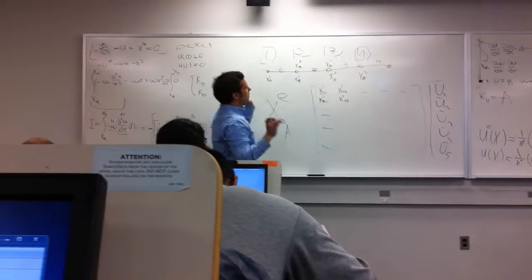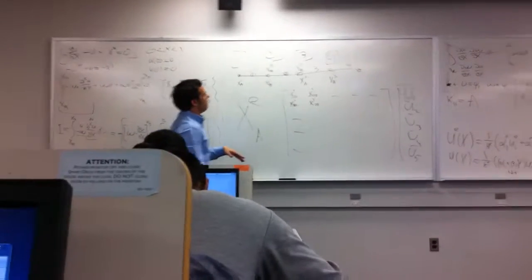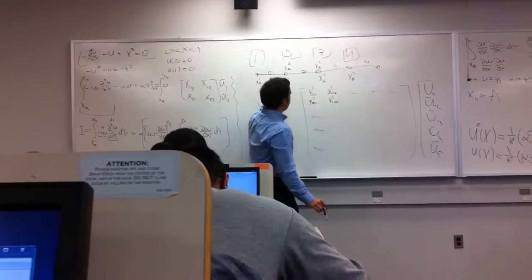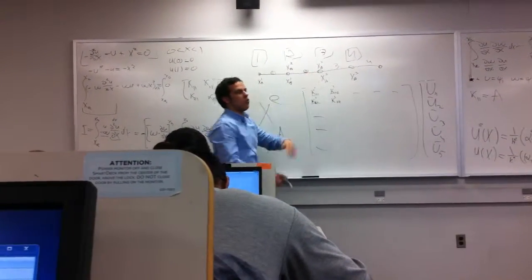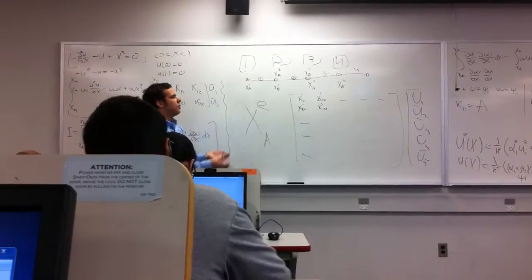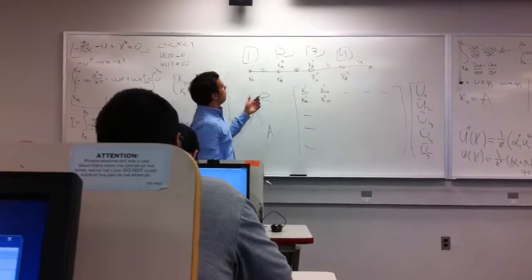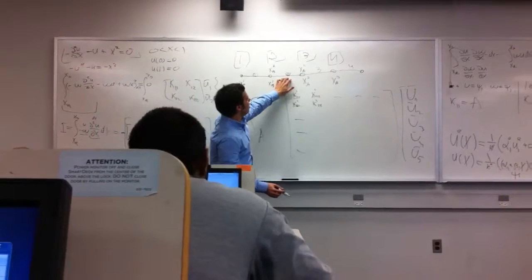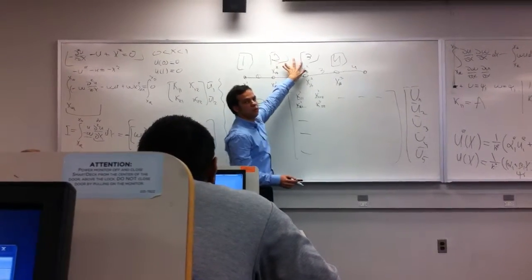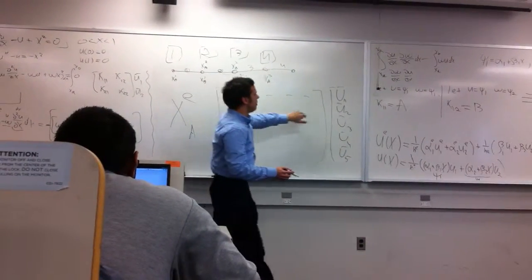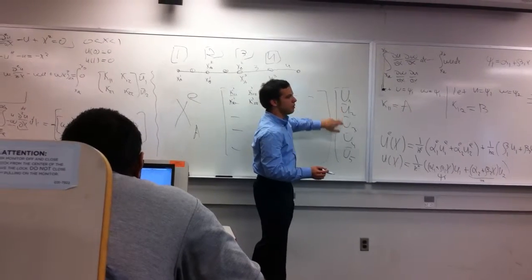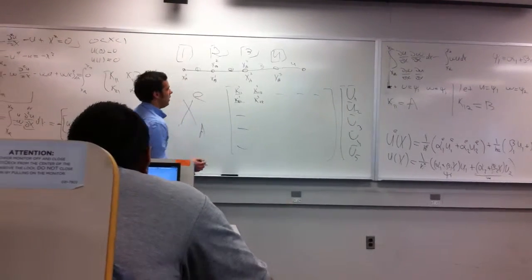Now, we did the first element, now we take the second element. Where do we put it? We have to assemble the global matrix. The second element hits nodes 2 and 3, so whatever I put better give me a value when I multiply by U2 and U3.